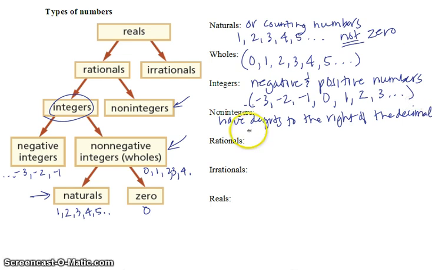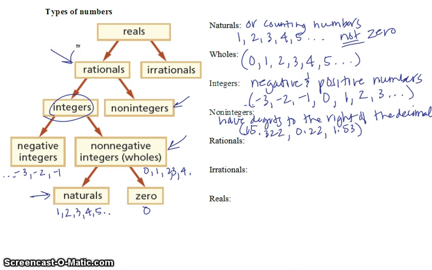So for example, you could have 15.322 or 0.22 or 1.53. Anything that has digits to the right of the decimal place. Because we know integers are just whole numbers like -3, -2, -1, 0, 1, 2, and 3, whereas non-integers have decimals basically. We're moving our way up then to rational numbers.